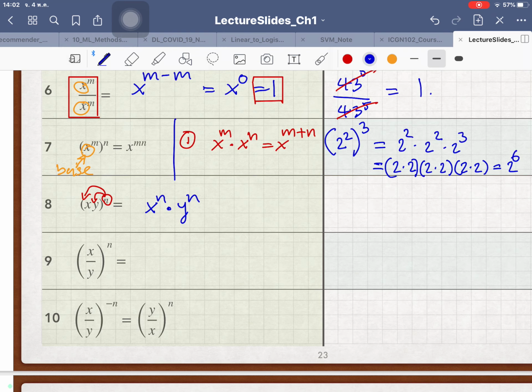Here, if I have the term like 5 times 2, and then you put the power of 3, you can give this power to every term. So this will be 5 to the power 3 multiplied with 2 to the power 3.